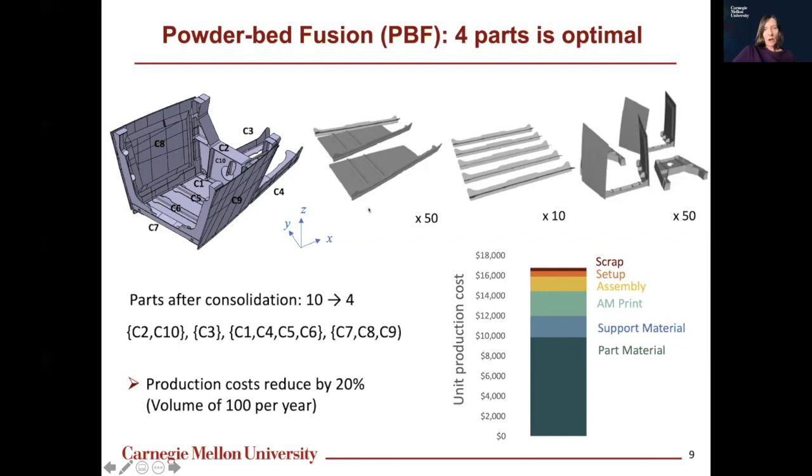The outputs of this method also include the optimal build orientation and collection of the parts into separate batches, as you can see right here. The total production costs associated with this fairing reduced 20% after optimizing the consolidation of these parts.